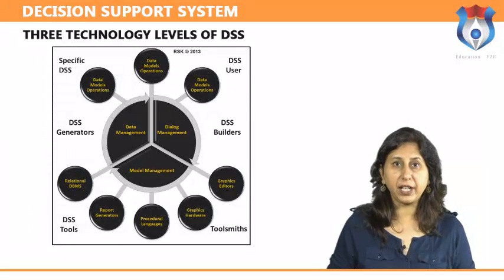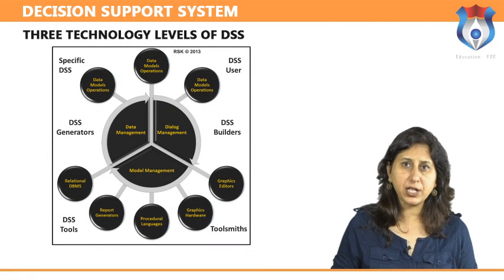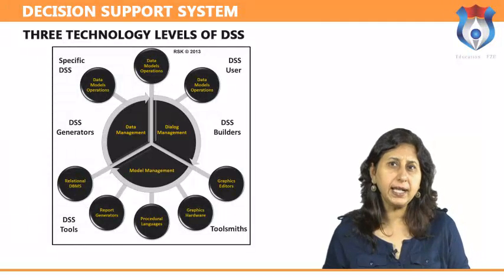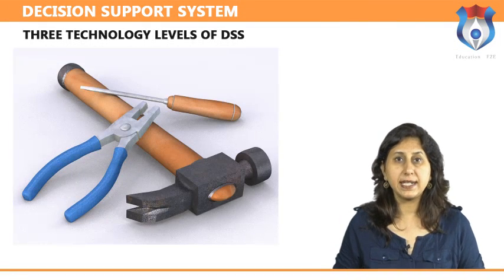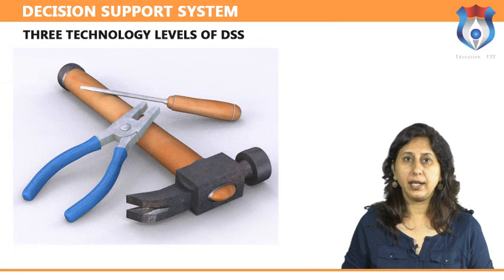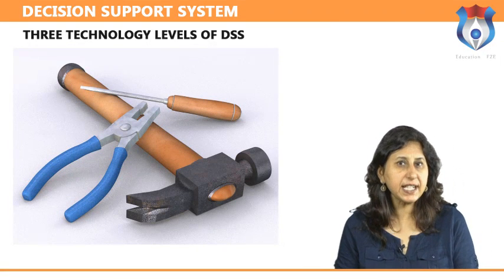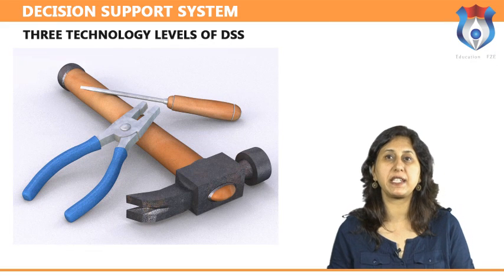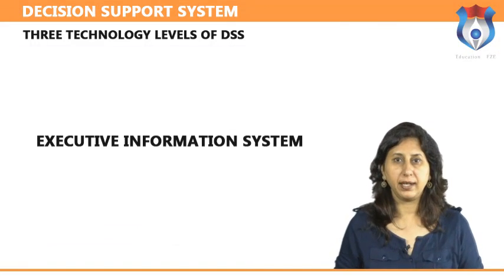This is a package of related hardware and software which provide a set of capabilities to quickly and easily build a specific DSS. DSS tools. These are hardware or software elements which facilitate the development of a specific DSS or a DSS generator.